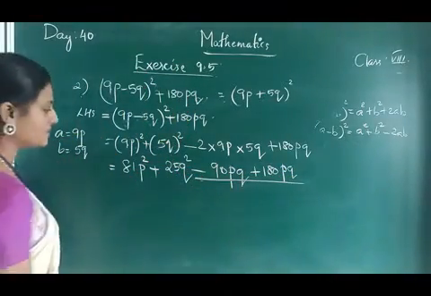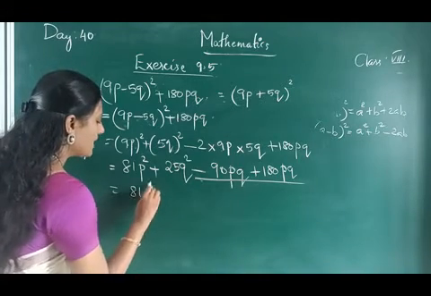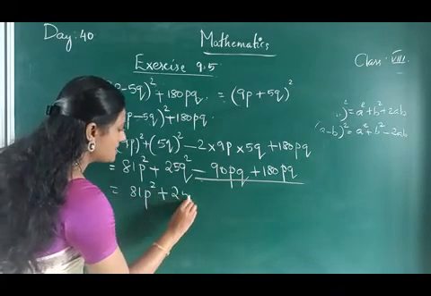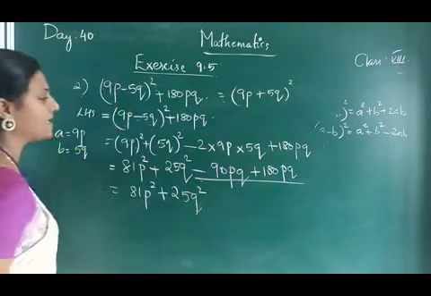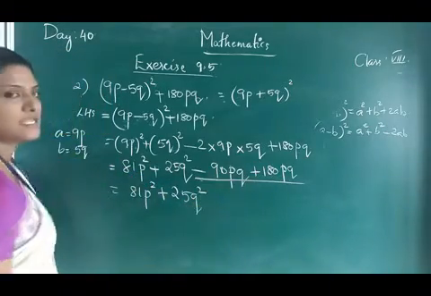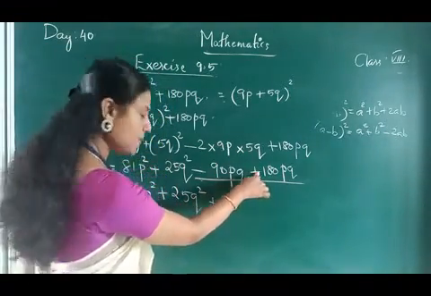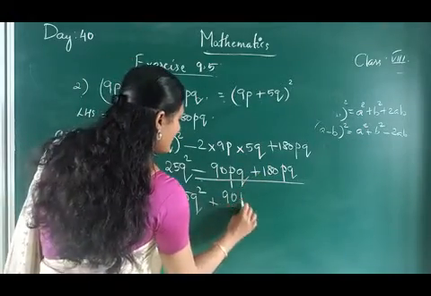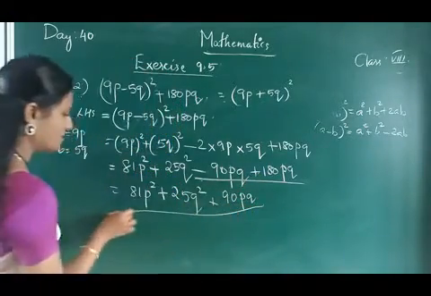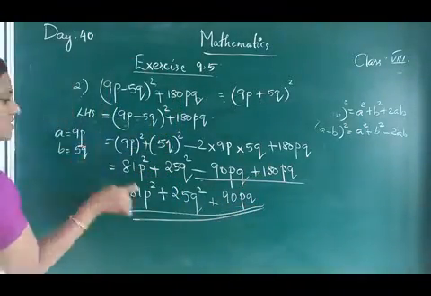They are like terms. So this is equal to 81p square plus 25q square. 180 minus 90 is 90. And the sign of 180 is positive. So plus 90pq. And this is your LHS. LHS we will solve it.